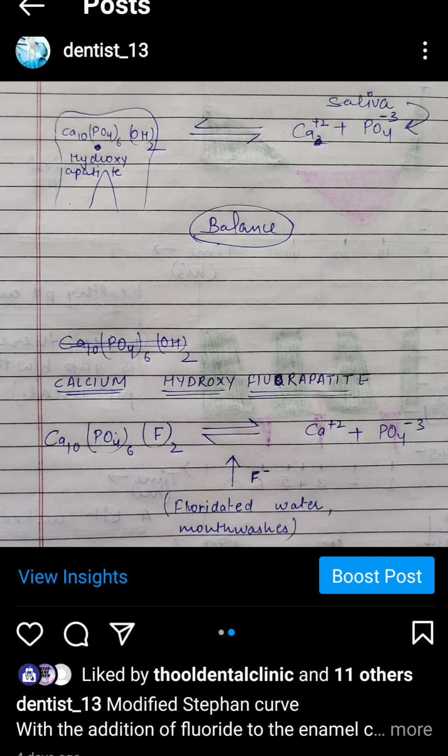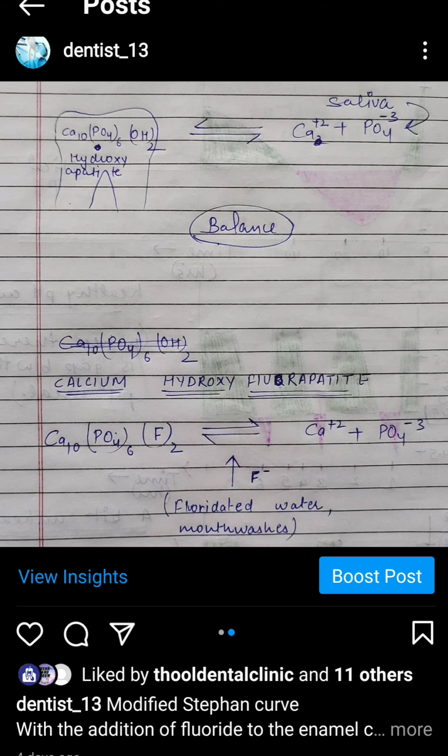Normally, the calcium hydroxyapatite crystals are present, which form the enamel. With the declined pH, calcium and phosphorus ions are released from the enamel, making it prone to caries.